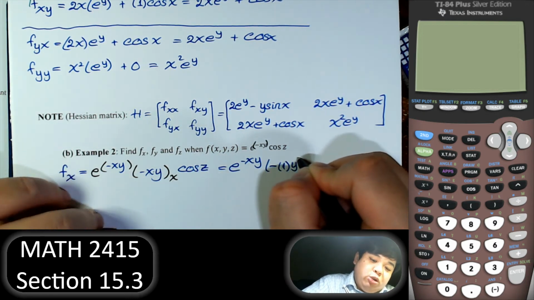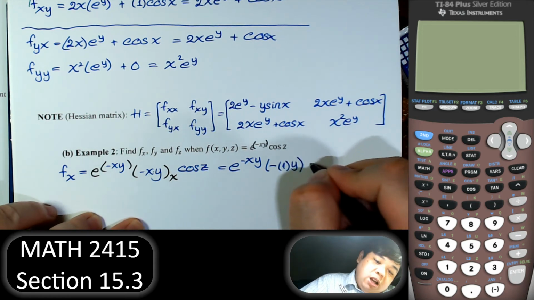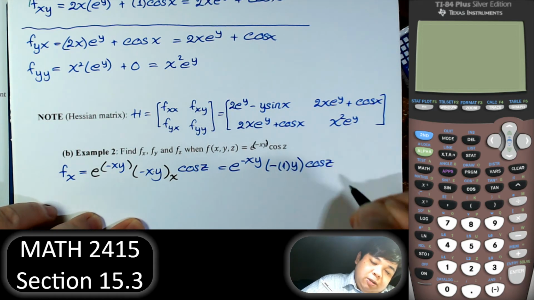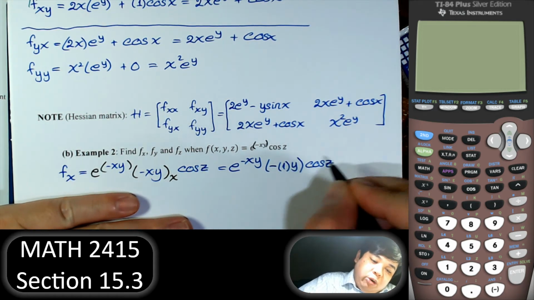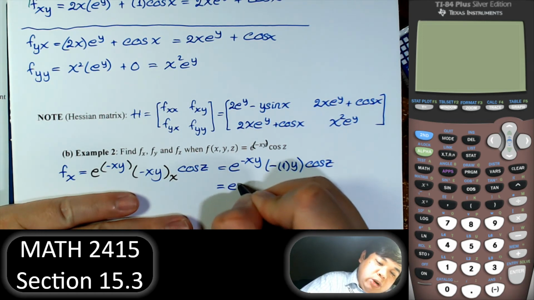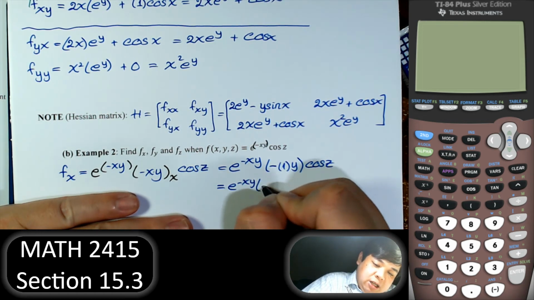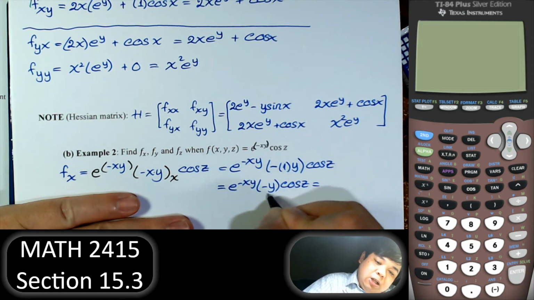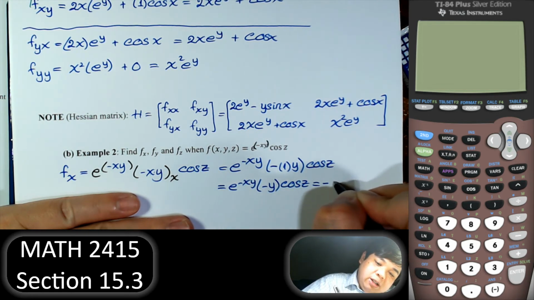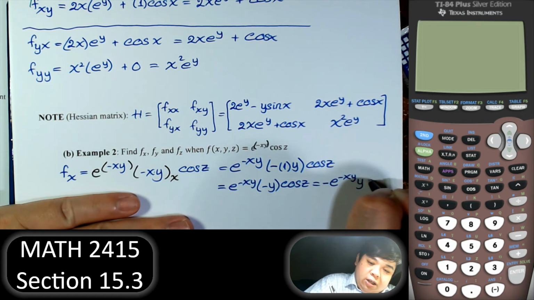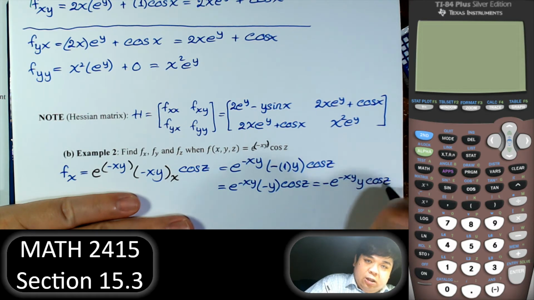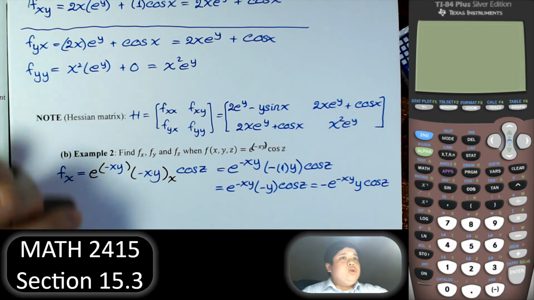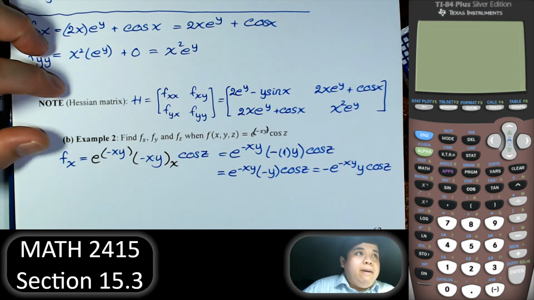Constant multiplier will stay. And then we have cosine of z. So we'll have e to negative xy, negative y, cosine z, or we move the negative in front, negative e to the negative xy, y, and cosine z. So that is derivative with respect to x.